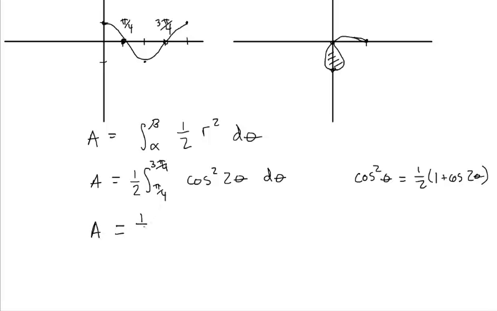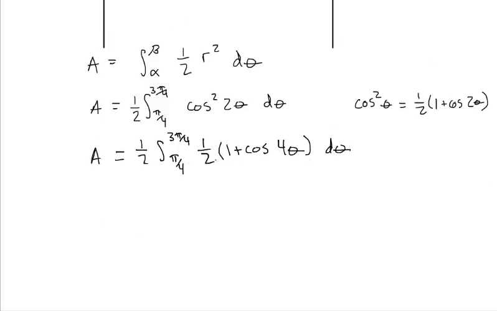So we have 1/2 integral from pi over 4 to 3 pi over 4 of 1/2 times 1 plus cosine of 4 theta. We already have a 2 theta here, and we need to double it, so it becomes 4 theta, d theta. And now I'm going to move my 1/2 that's inside my integral out front with the other 1/2.